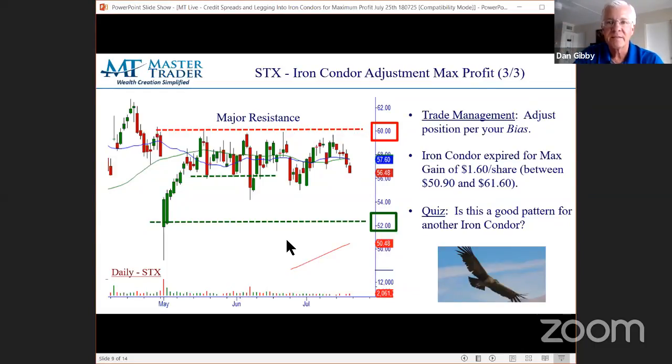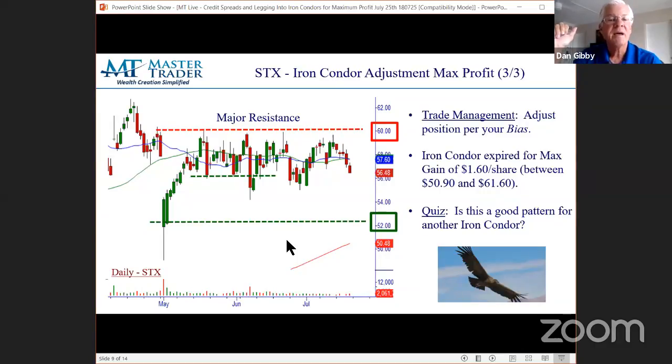But my point is, it's a depleting asset. Day by day, the decay of that option price to the option buyer is our profit. So as long as this thing just chops around like this, we're making money day by day, whereas the option buyers are losing money.